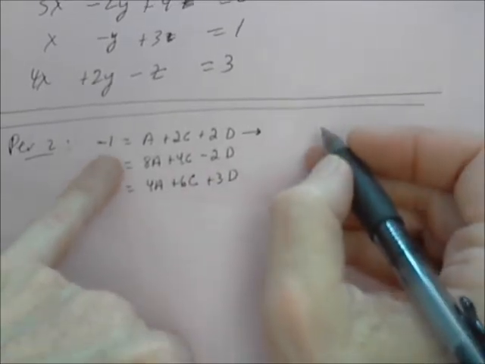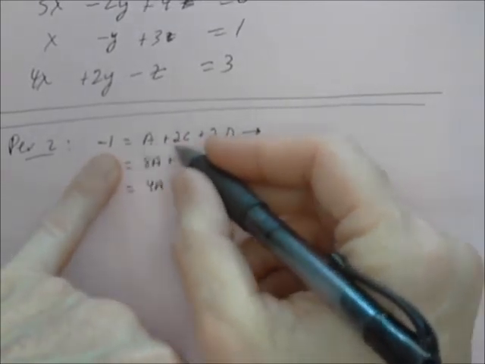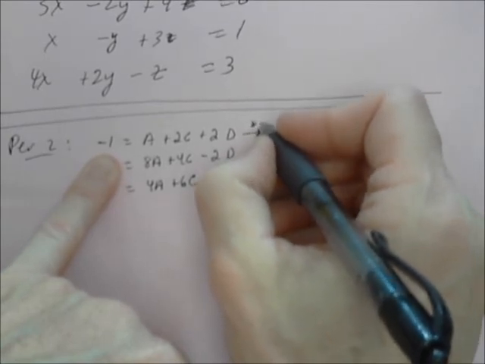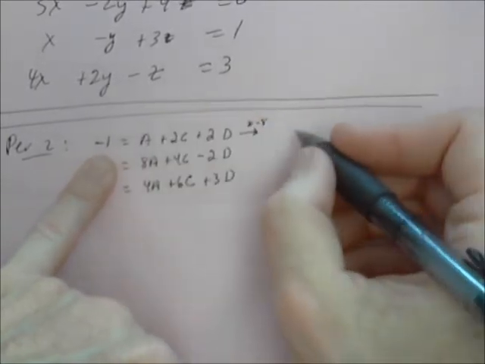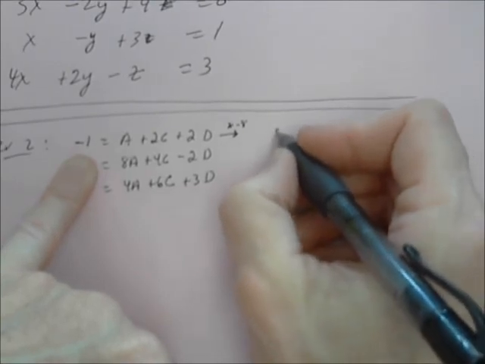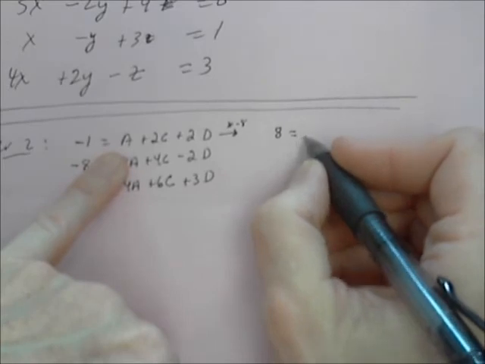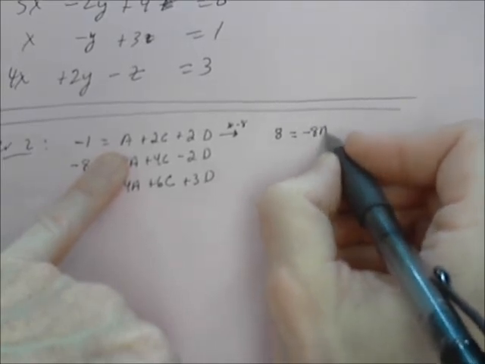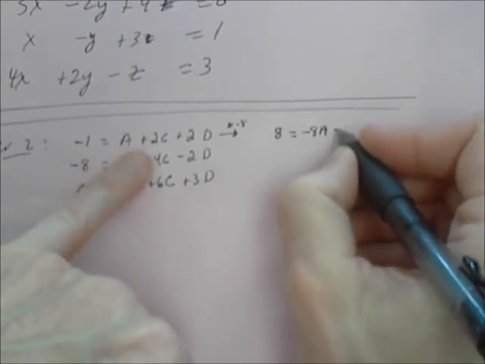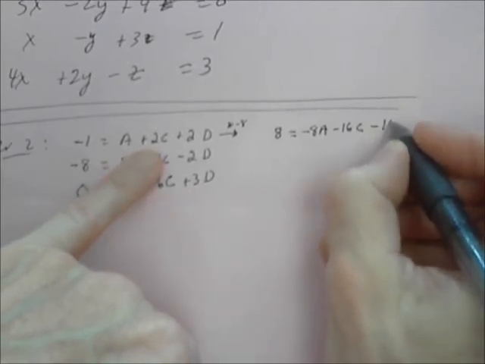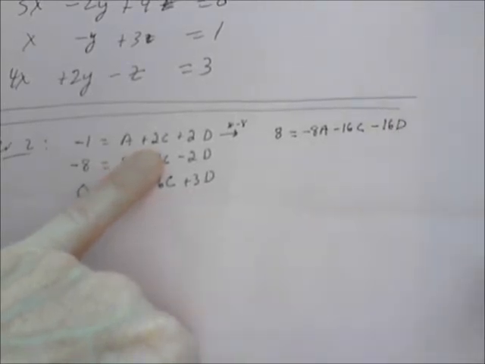So let's do that. Let's multiply this first equation times -8. So -1 times -8 is +8 equals -8a minus 16c minus 16d.